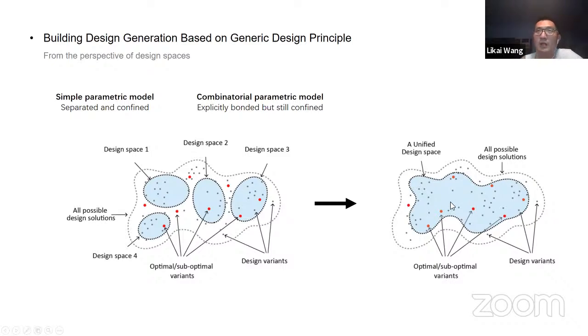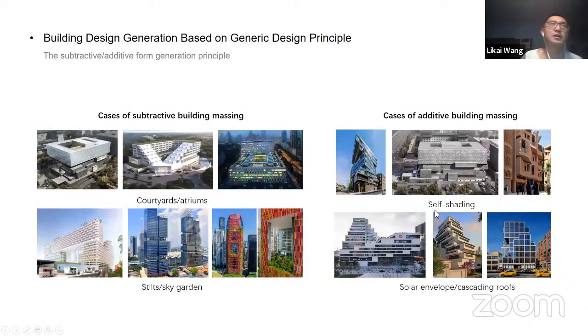So how can we do that, or how can EvoMass do that? The EvoMass uses two generic form generation principles, which are the subtractive and additive form generation principles. These two principles do not describe any specific type of building. For example, you cannot use the subtractive principle to describe a design with a courtyard.